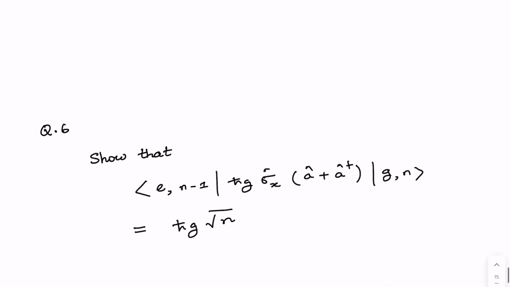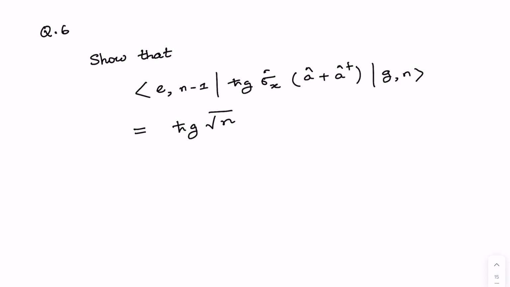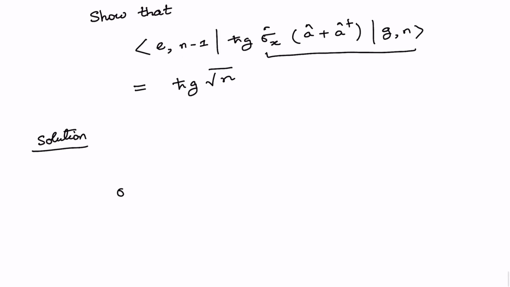Let us now work out this problem, and I have promised you to do this problem in the lecture classes. To do this, let me first work out it step by step. First, let me work out this portion. Sigma x, that is the x component of the Pauli operator, times a plus a dagger, operating on the combined state of the atom and the field.